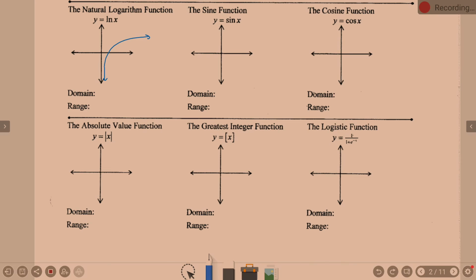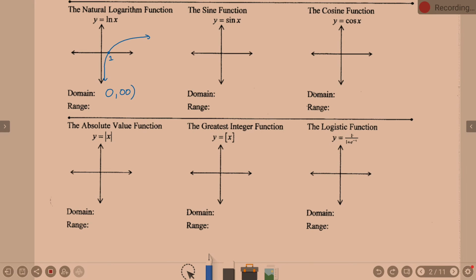A traditional natural log of x is going to cross through the x-axis at guess what? 1. Okay. Domain. How far left does my graph go? It's never going to cross that y-axis, which is an asymptote, so 0 to infinity.